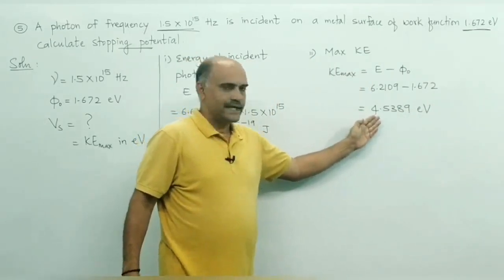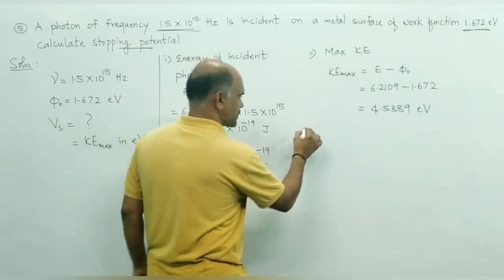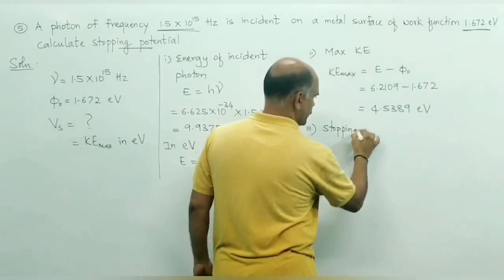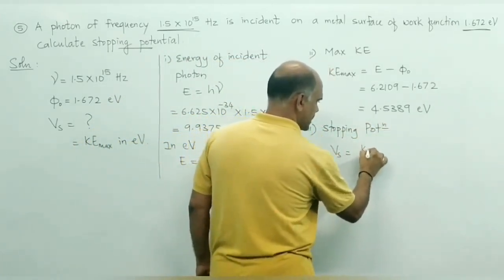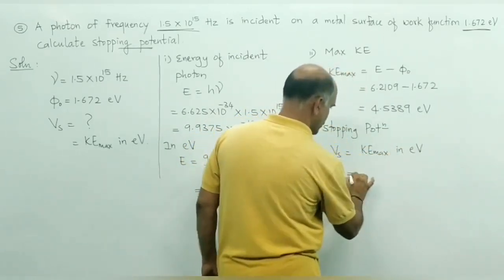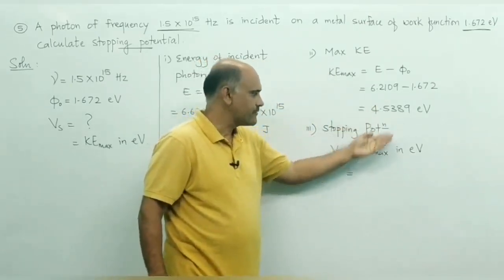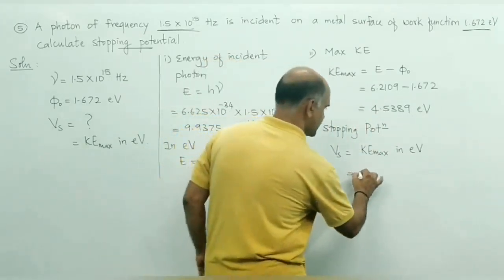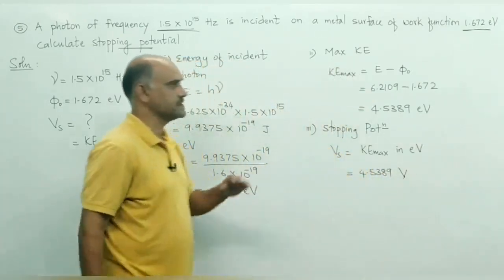Whatever K you are getting in electron volt is nothing but stopping potential. So in third step, stopping potential Vs is nothing but K max in electron volt, 4.5389. Same value, but units will be volt for potential. So 4.5389 volts is the stopping potential.